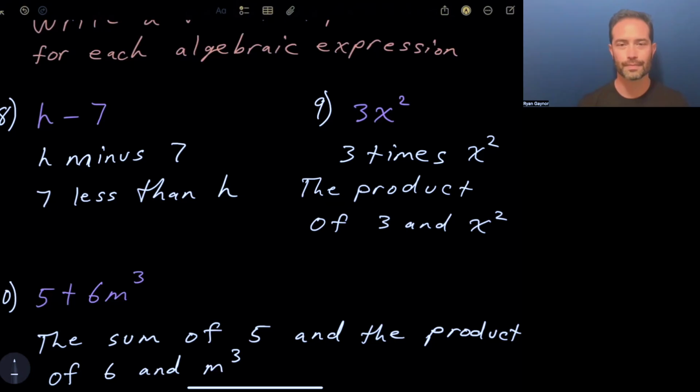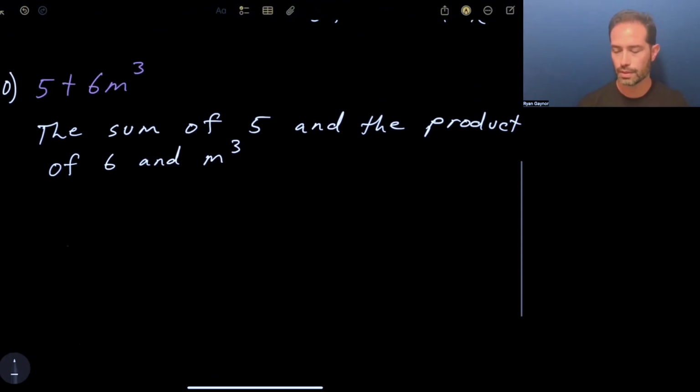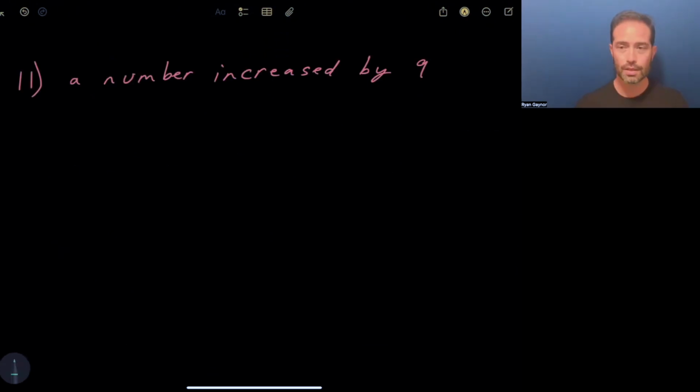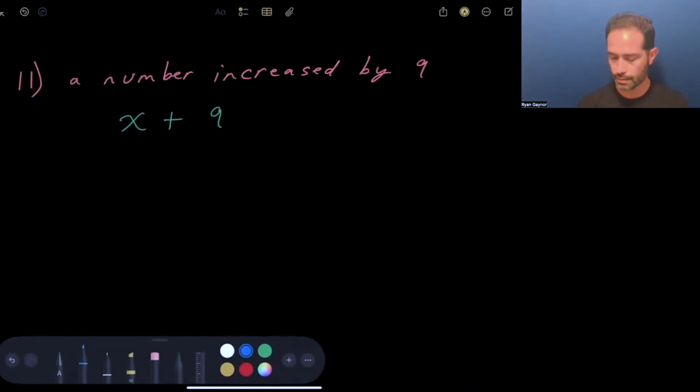Okay. All right. Let's move on to the next example. So the next example is this. So I'm going to use the very popular variable, x. So we have x and then increased. So that's plus and then 9. All right, let's go to the next one.